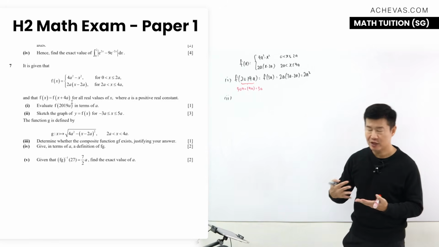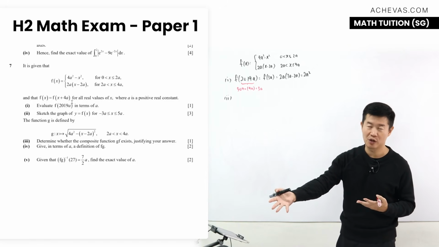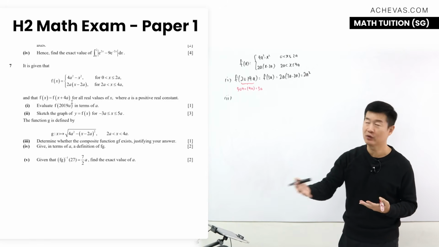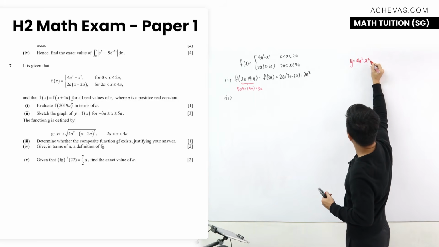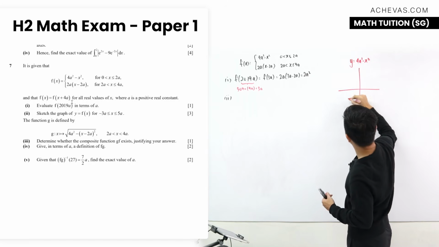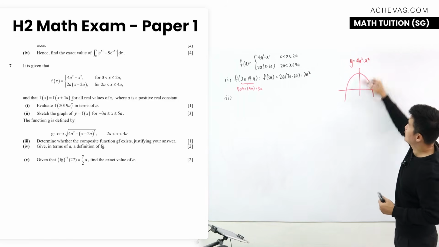But sketching a graph using the GC has another advantage, which is helping us work on graphs that we have never seen before. But for those that we have seen before, for example, the graph of y = 4a^2 - x^2, this is just going to be a parabola. Minus x squared is going to be like this.